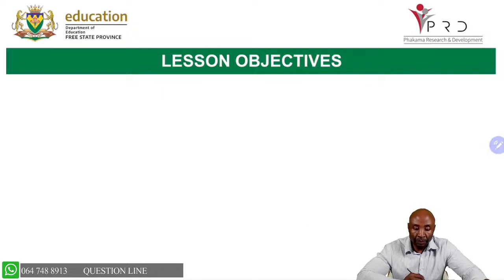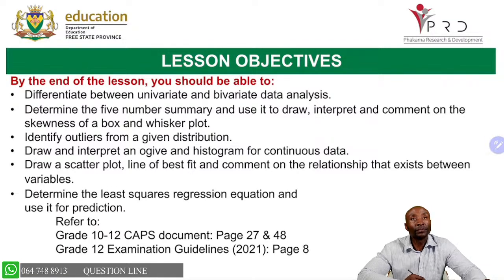We move on now to the objectives. Now, we need to differentiate at the end of the lesson univariate and bivariate data analysis. We determine the 5-number summary and use it to draw, interpret, and comment on the skewness of a box and whisker plot.